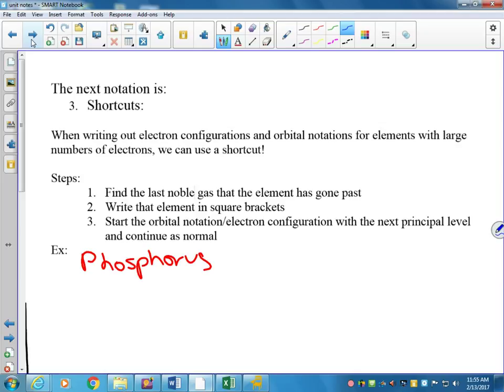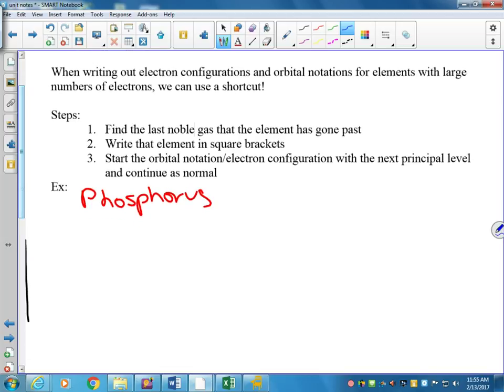So let's look at phosphorus. Where's phosphorus? It's in 3p's, right? So what's the noble gas prior to phosphorus? Neon, right? So if I'm going to do that, neon is going to be my one right before it. So this is where I'm cutting off, okay?